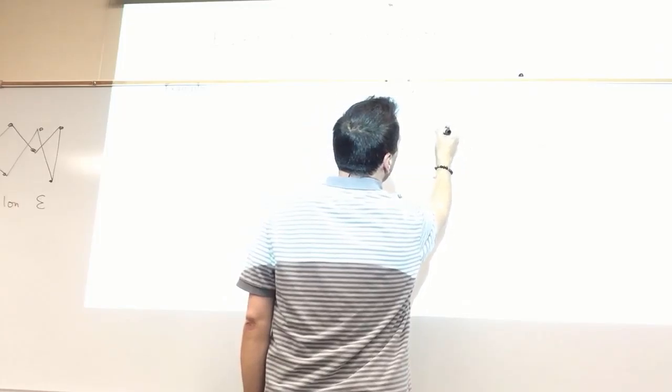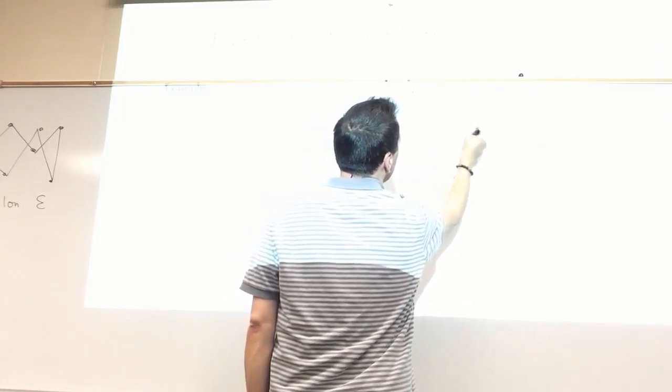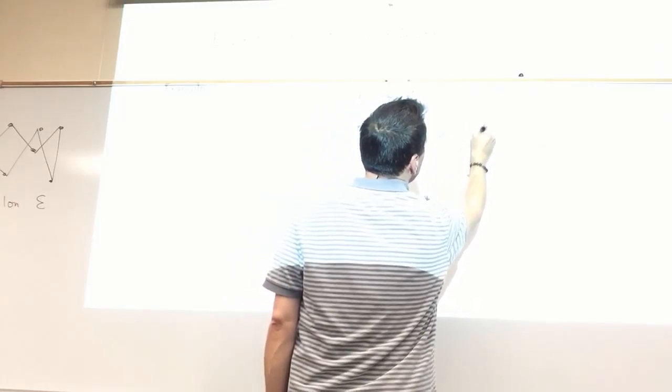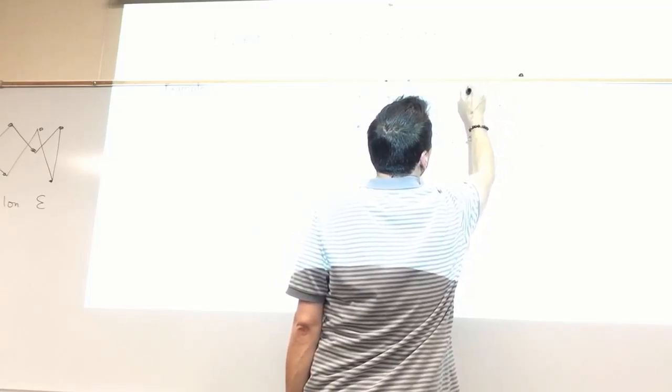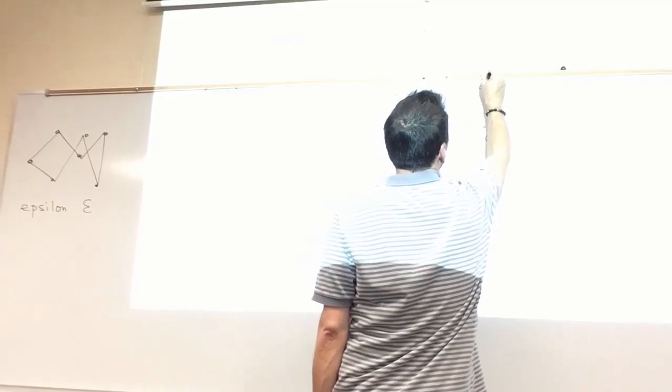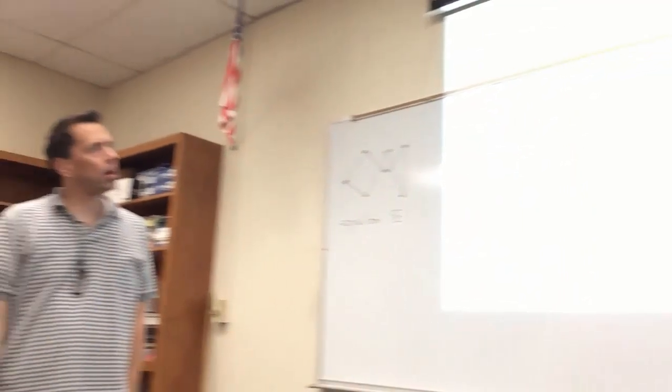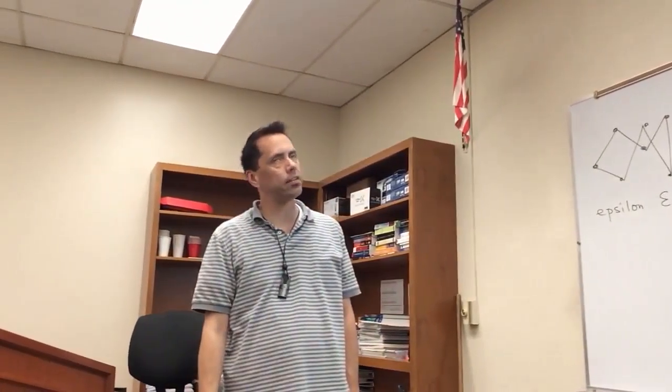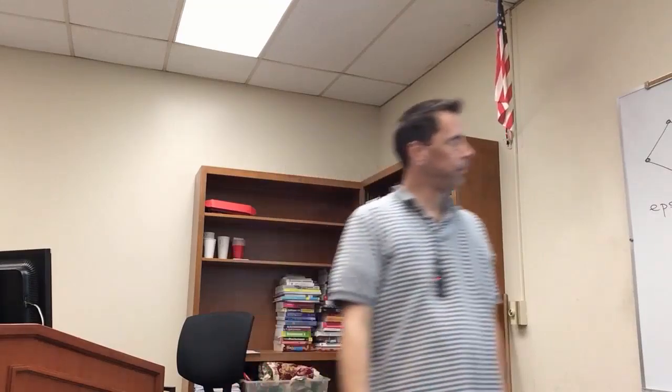I think that one is also going to have a path and no circuit, isn't that right? 2 vertices of odd degree.